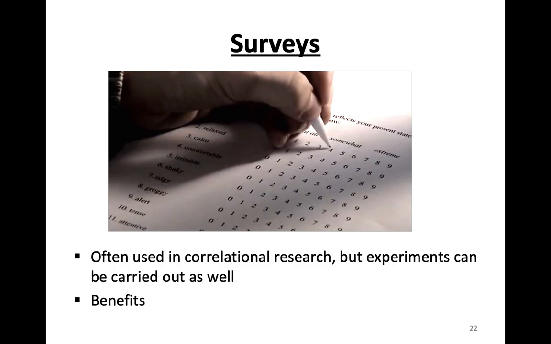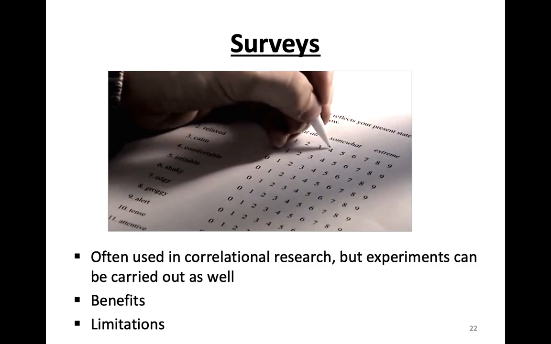There's many benefits. It's a very cost-effective way of collecting a lot of information. They generate a large amount of data. It's very easy to distribute a survey. I'm sure you've taken all kinds of internet surveys or at least are familiar with them. So it's a very convenient way to get a lot of data. There are limitations as well. One is that people don't necessarily tell the truth.